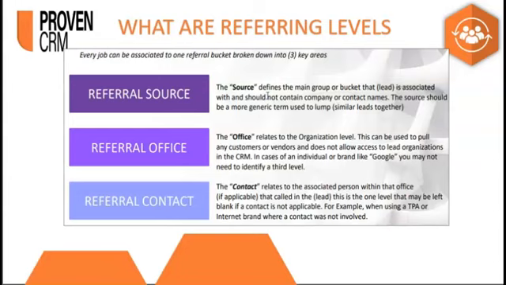Having a generic bucket for referral sources will allow you to run reports to see where your work is coming from in a more concise report. Too many referral sources can lead to diluted reporting and not give you a clear understanding of where the work is coming from.